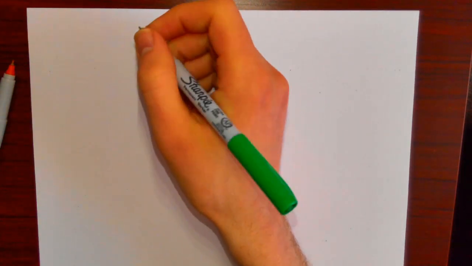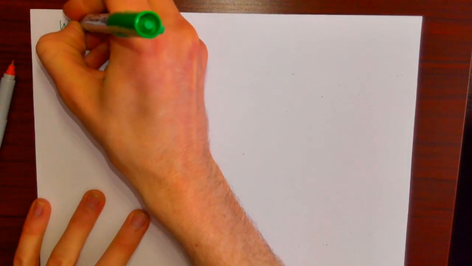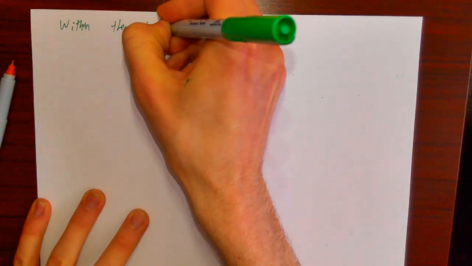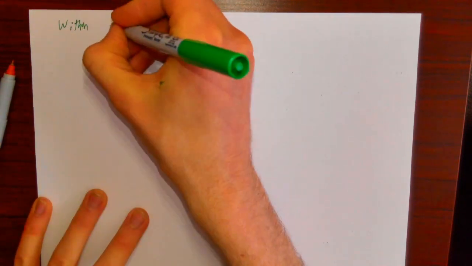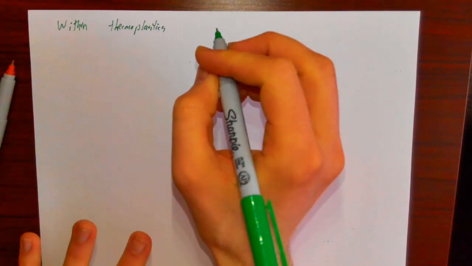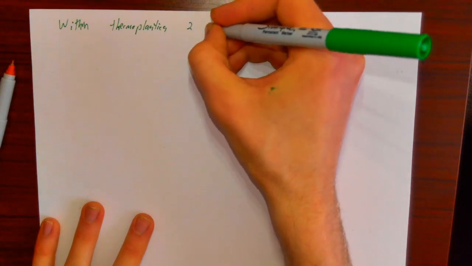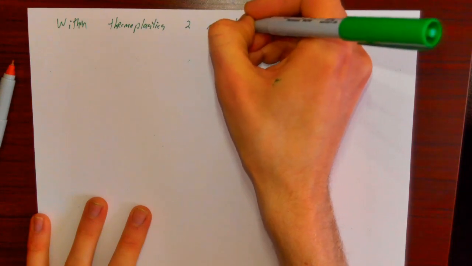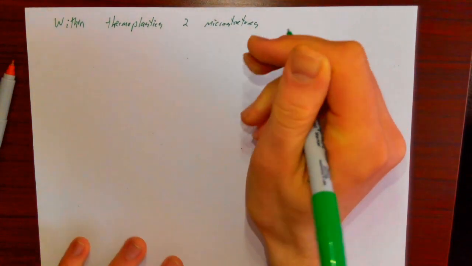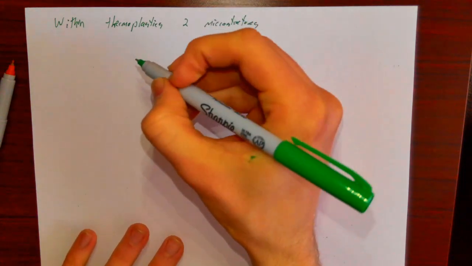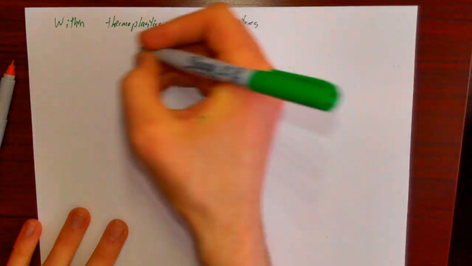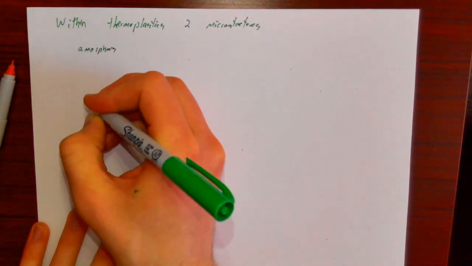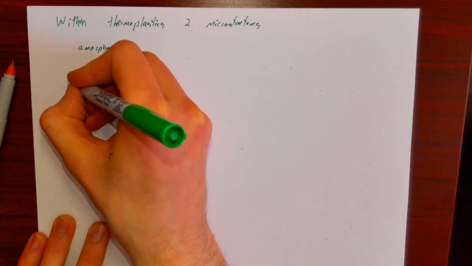So first, within thermoplastics, which again are governed just by numerous but weak chain-chain interactions, there are basically two predominant microstructures. So again, if you had really good vision and could zoom way in to what's happening with plastics, there are amorphous microstructures and there are semicrystalline microstructures.